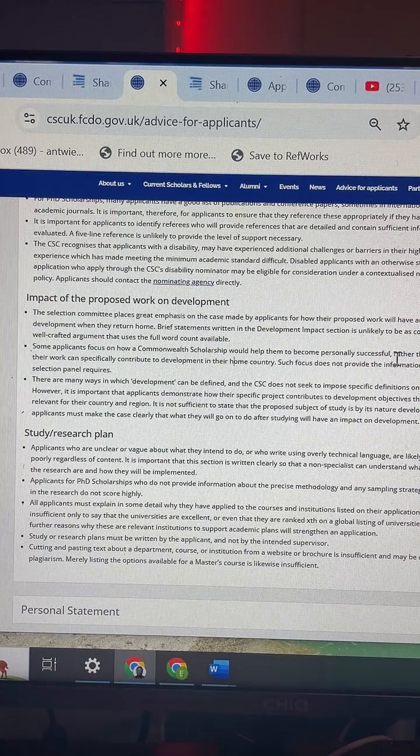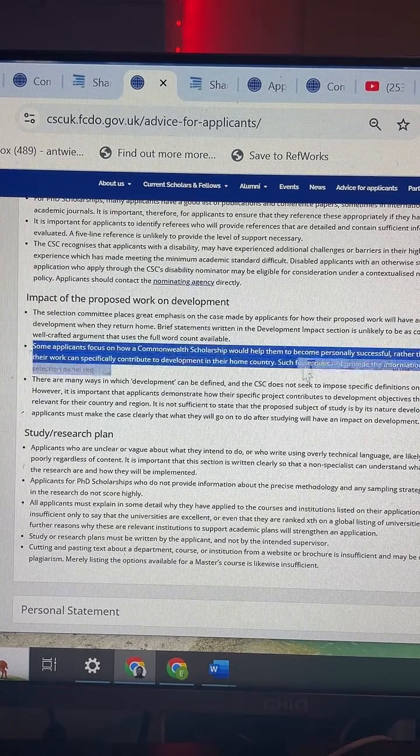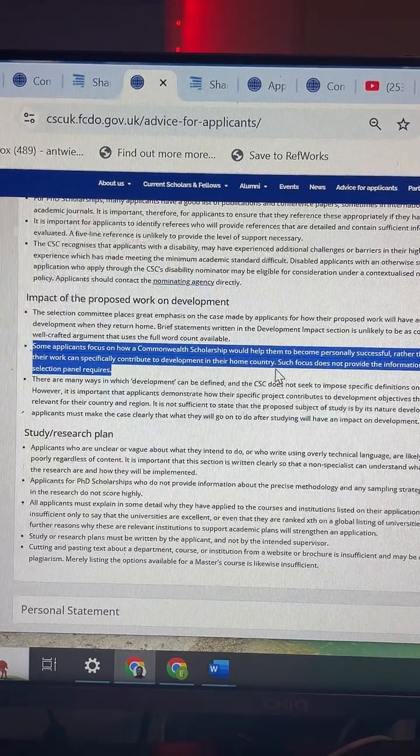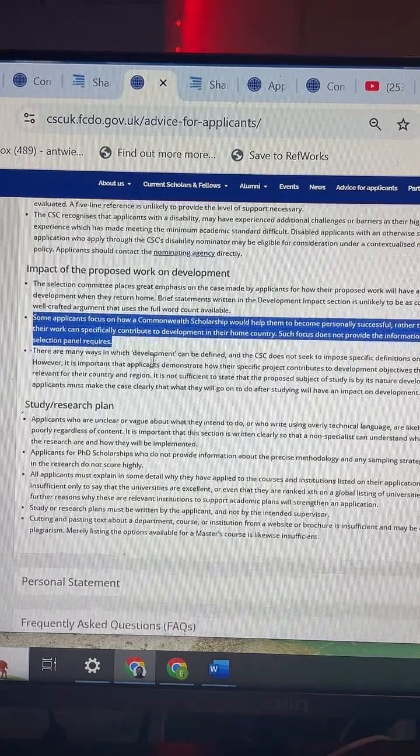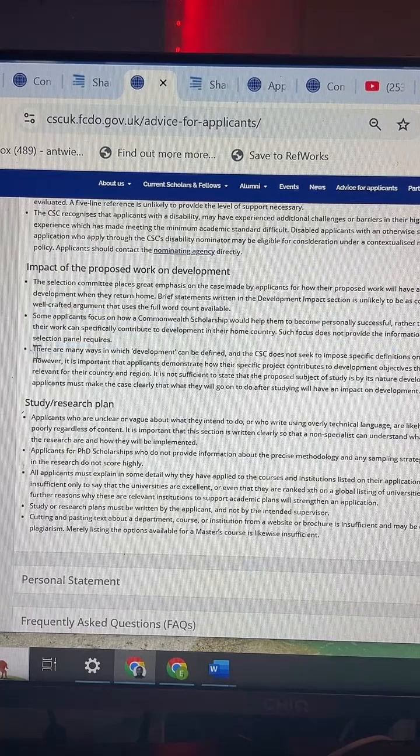And then some applicants focus on how the Commonwealth scholarship would help them to become personally successful, rather than on how their work can specifically contribute to development in their home country. So if you are being personal, then you stand a chance of not winning the scholarship. They want to see the community impact, the developmental impact that you can make.